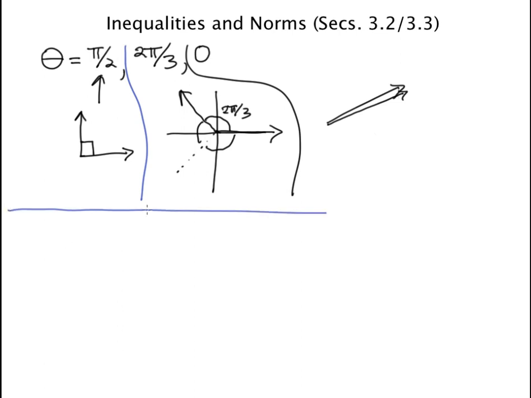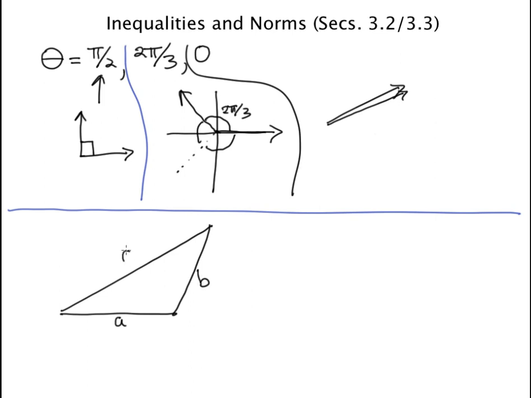All right, well, let's go on and talk about the triangle inequality. So everybody knows that if you draw a triangle and it has sides A, B, and C, that C is less than or equal to A plus B. And, well, this is just the vector version of that.